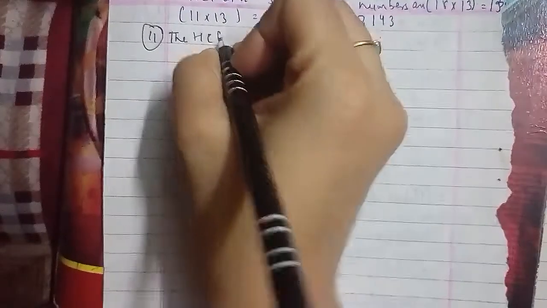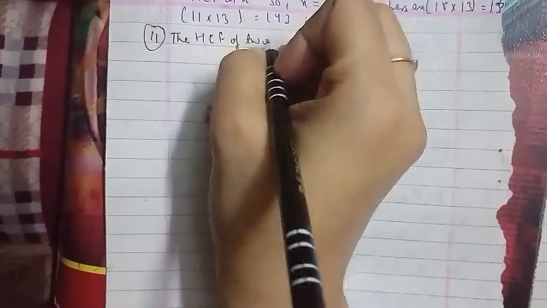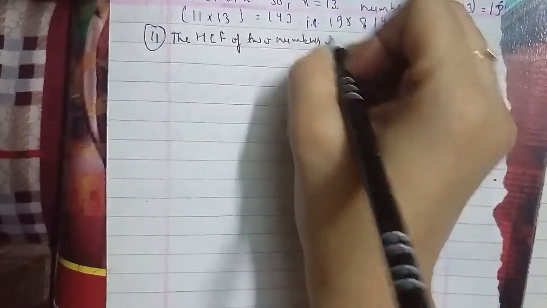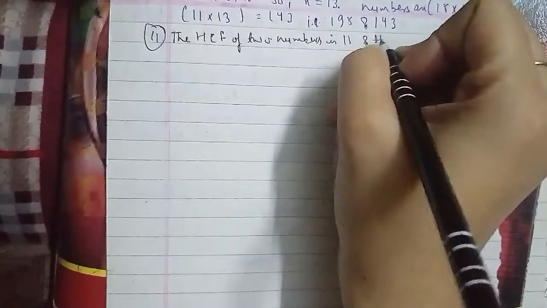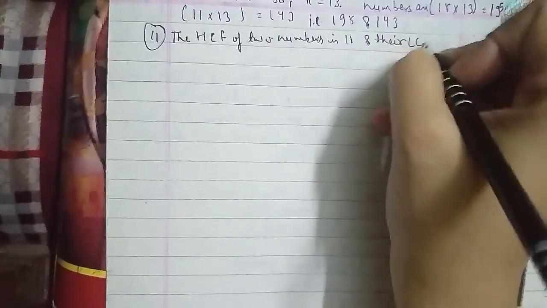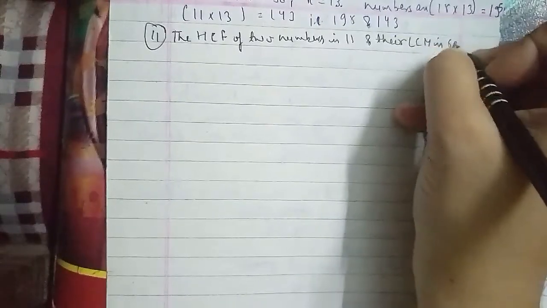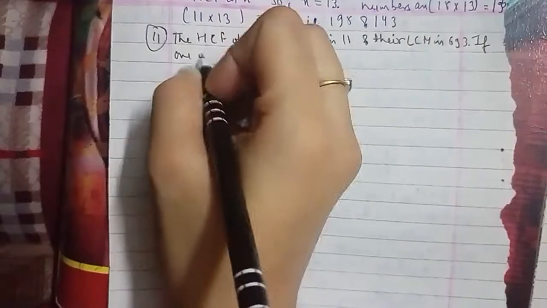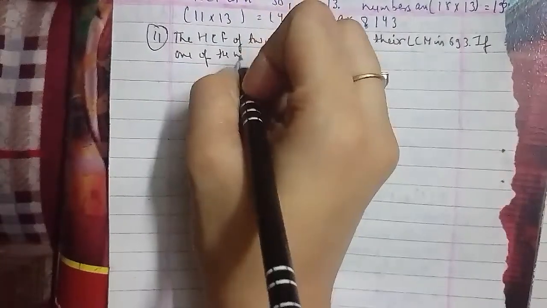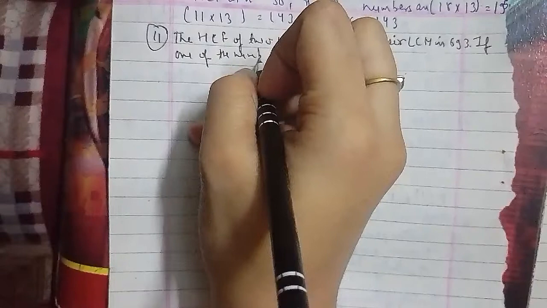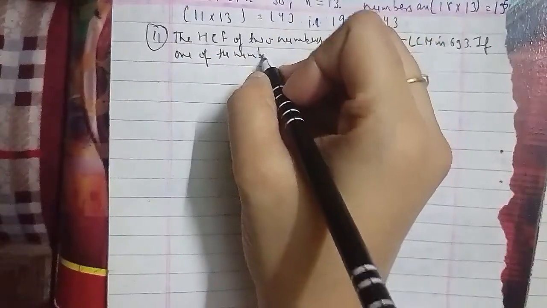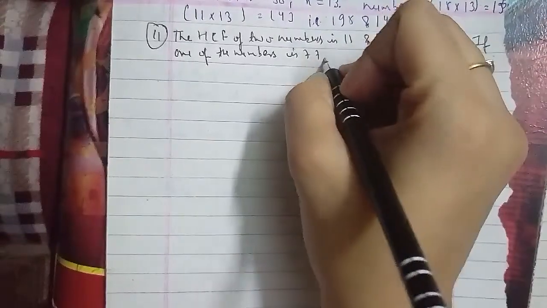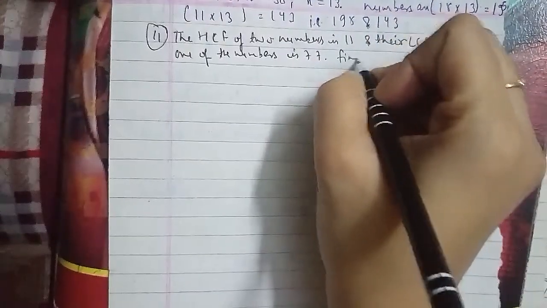The HCF of two numbers is 11 and their LCM is 693. If one of the numbers is 77, find the other.